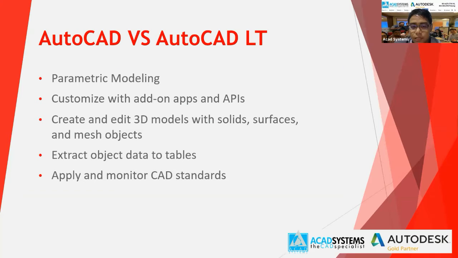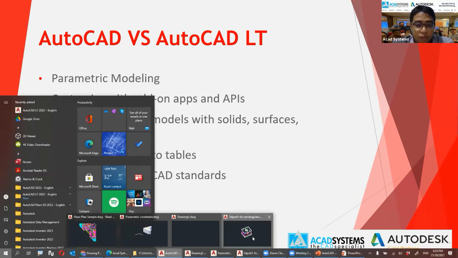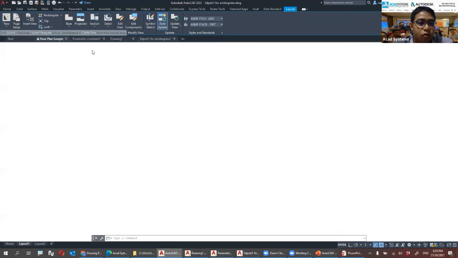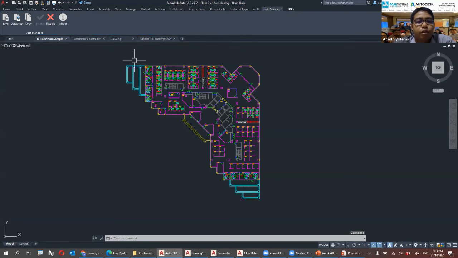Now let's take a look at the next thing, which is using the normal AutoCAD. So you can have other tools such as extract object data to tables. Right. For example, if I go back to my normal AutoCAD, I have my floor plan sample over here.